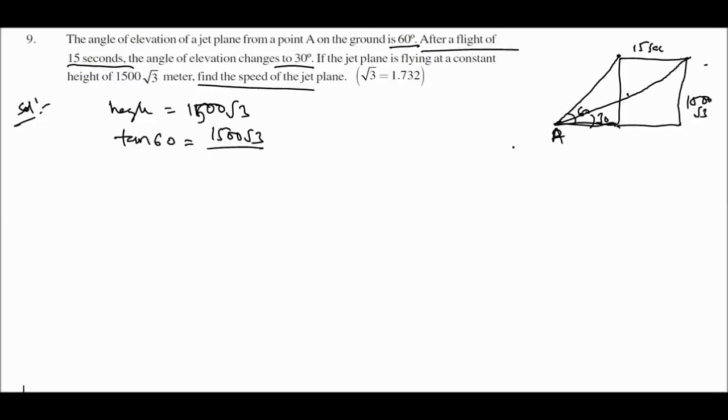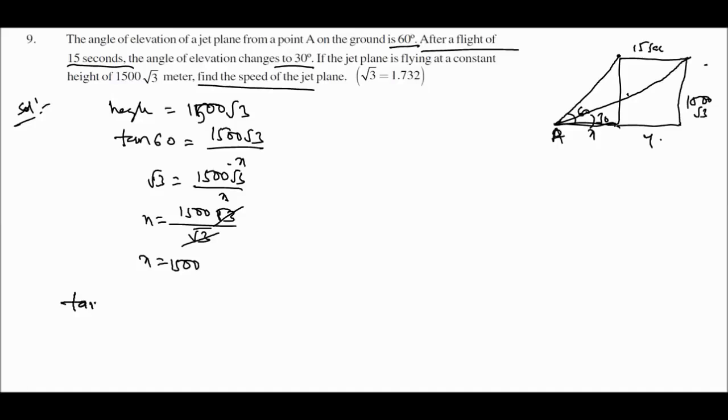Let this be x and this be y. Tan 60 is equal to root 3, so root 3 is 1500 root 3 divided by x. X goes here and root 3 comes here. X is equal to 1500 root 3 divided by root 3. Root 3 will get cancelled. X is equal to 1500. So this is the x value here.